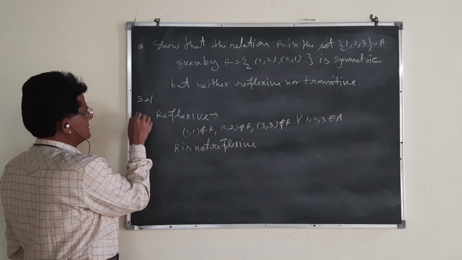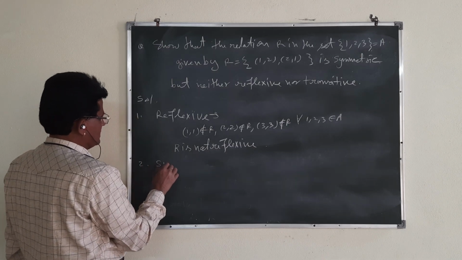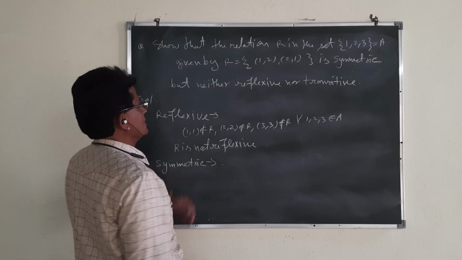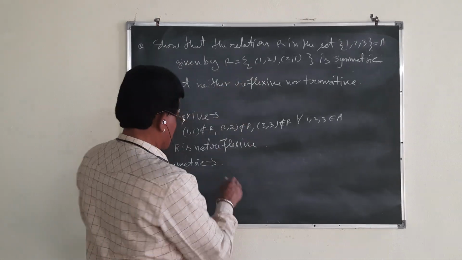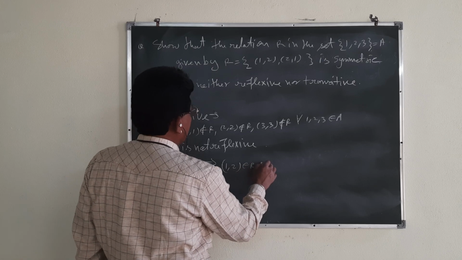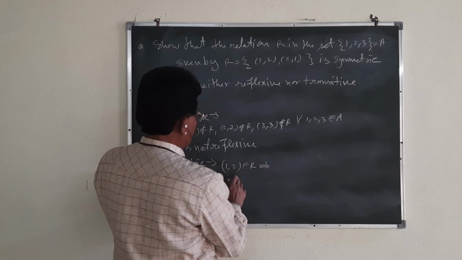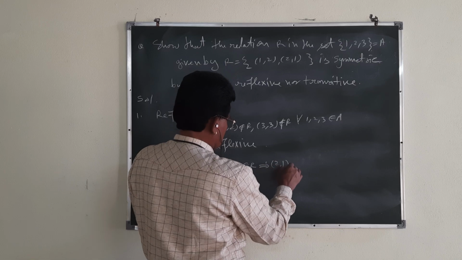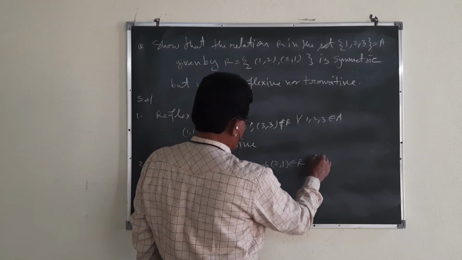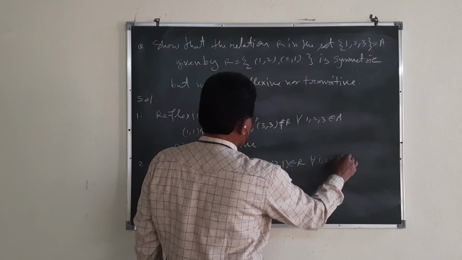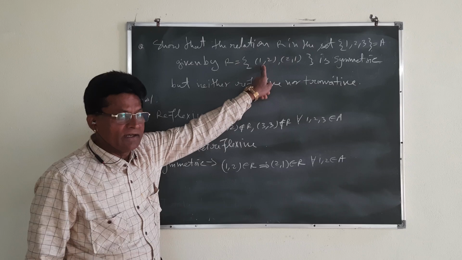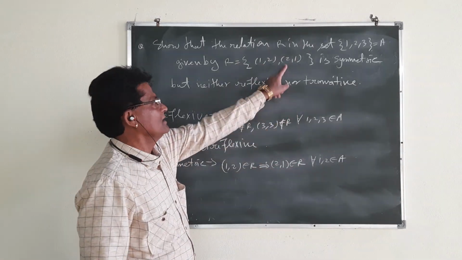Second case, I am going to take symmetric. Let me check whether the relation is symmetric or not. For symmetric, 1 2 belongs to R implies that 2 1 also belongs to R. You see, 1 2 belongs to R, 2 1 also belongs to R. Here, student, 1 2 belongs to R, it is given over here, and 2 1 also belongs to R, it is given over here.